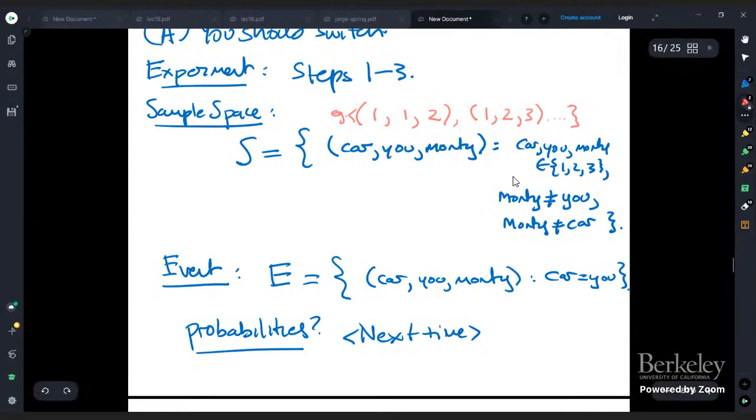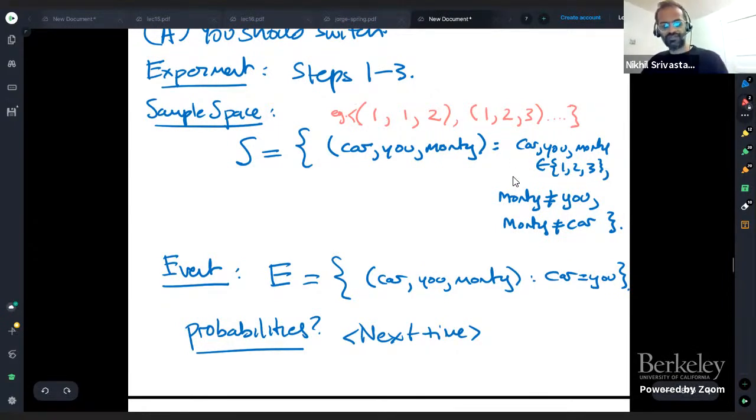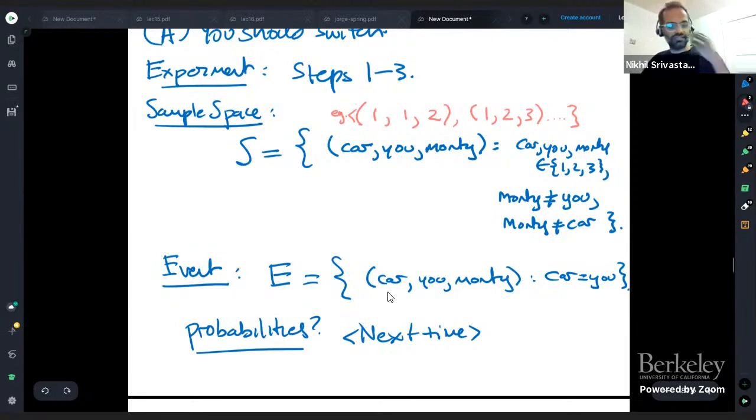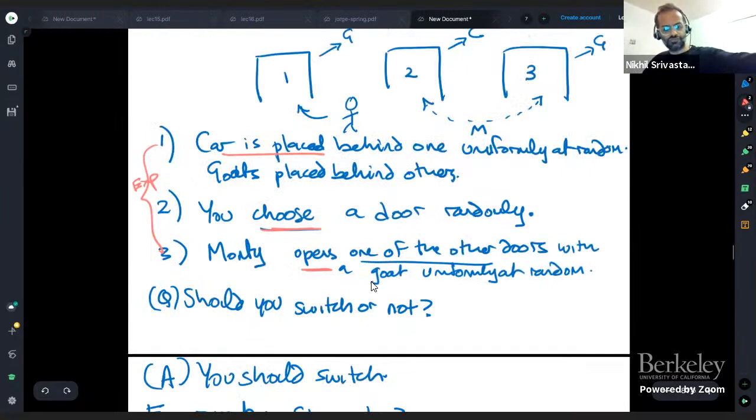So you're using the sample space to encode the possible random outcomes of this process. And the E is just the first time that you pick the car equals you. Yeah, E is the event that the first door you chose is equal to the door that has the car.